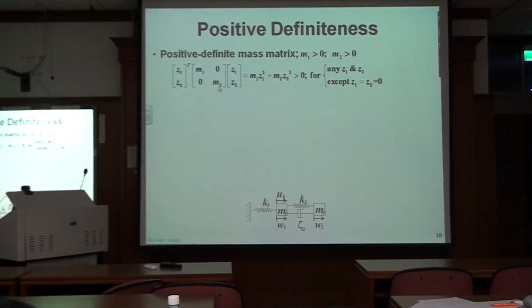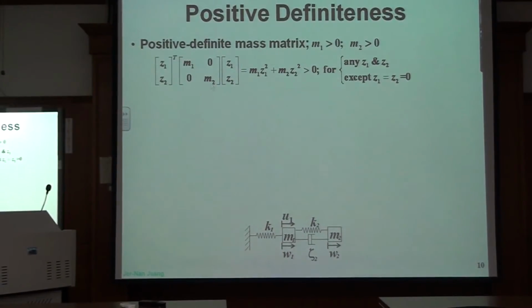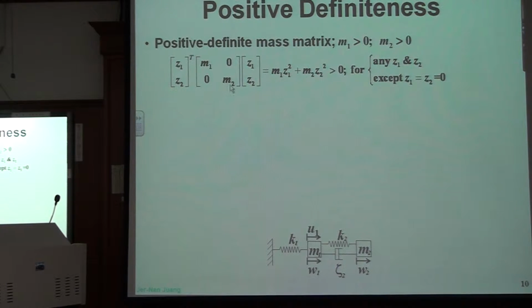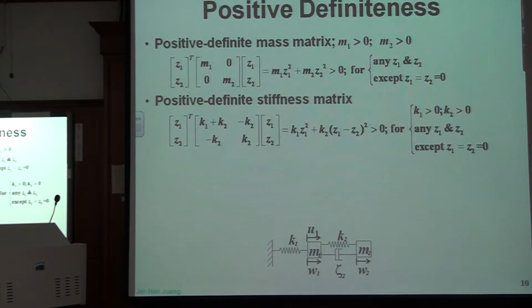Careful, I may give you a written problem, so you can write it down. If I tell you the mass matrix for a system is positive definite, you have to say yes. Remember that, so you need to write it down.